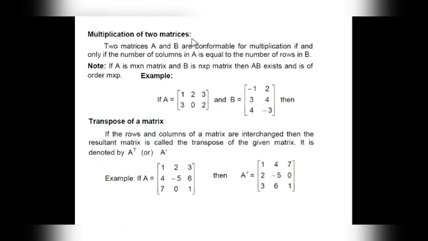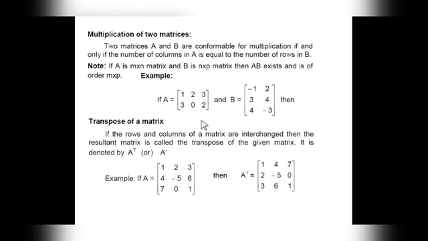Multiplication of two matrices. Two matrices can be multiplied if and only if number of columns of A matrix is equal to number of rows of the second matrix, that is B matrix. For example, A and B are two matrices.